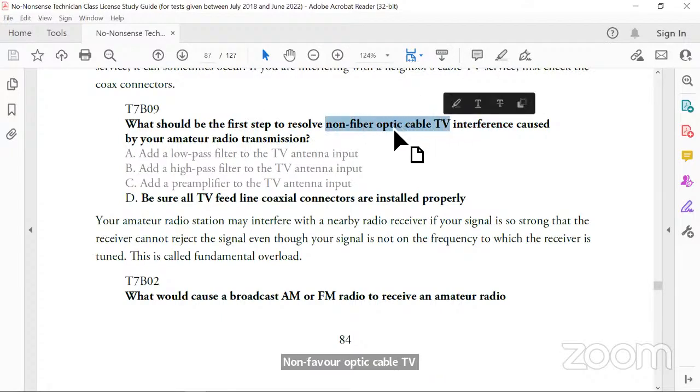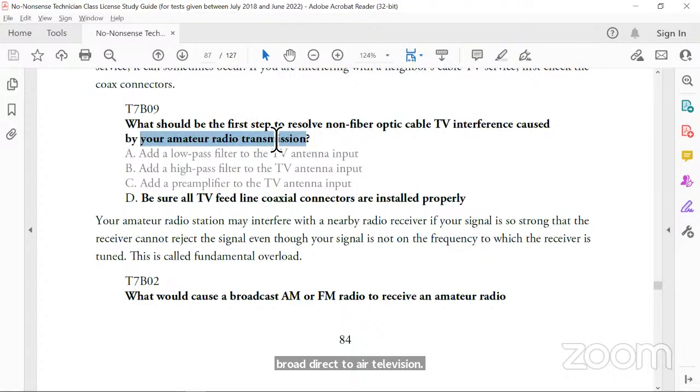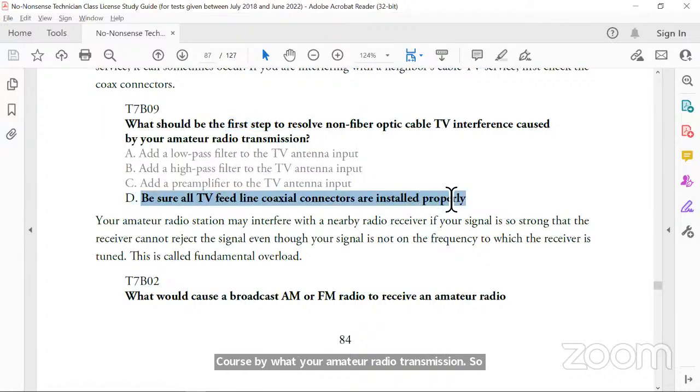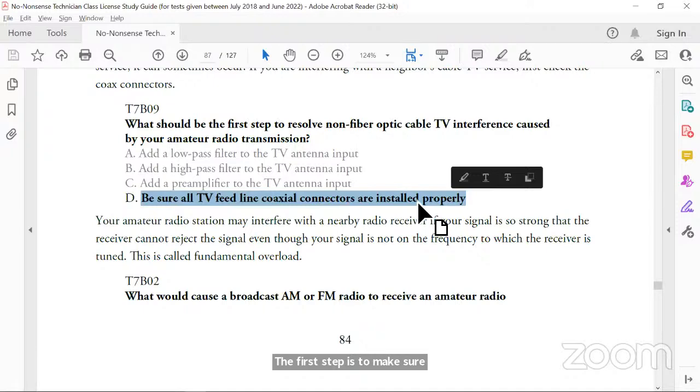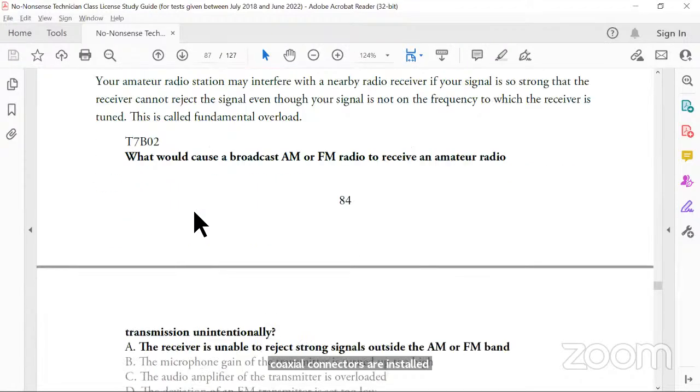So not the digitals and so on, but maybe just the regular broadcast direct to air television. Caused by what? Your amateur radio transmission. So what's the first step to resolve? The first step is to make sure that those TV feed line coaxial connectors are installed properly. Nice and straight, nice and tight.